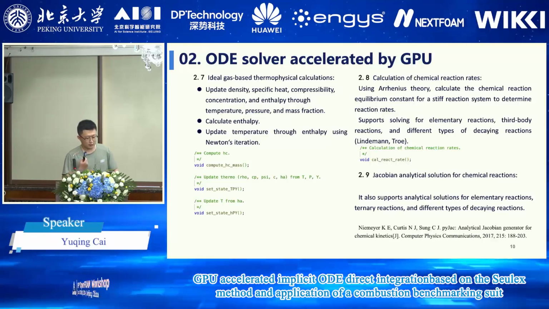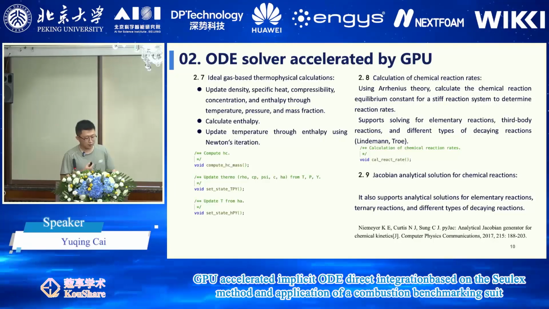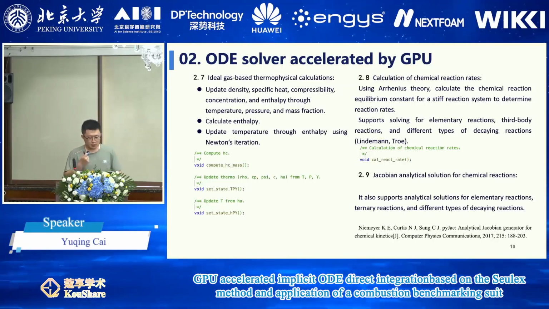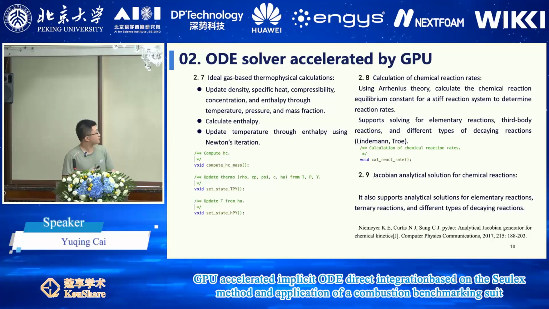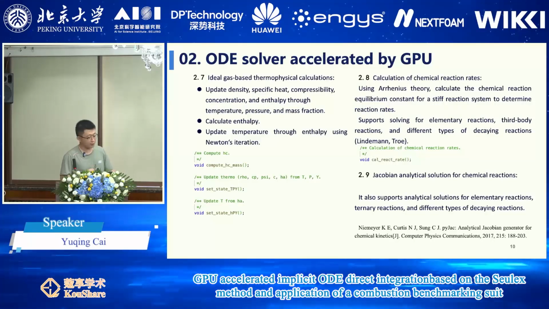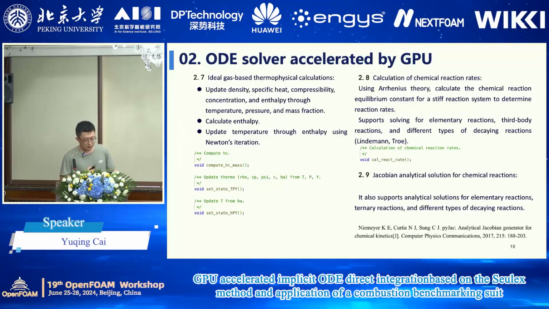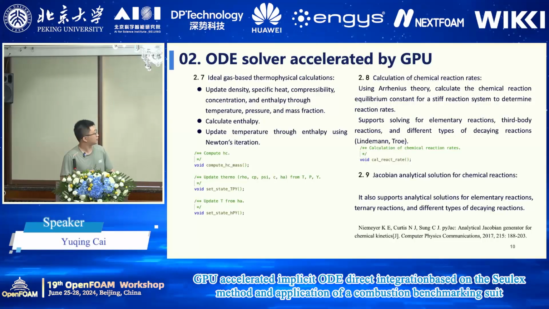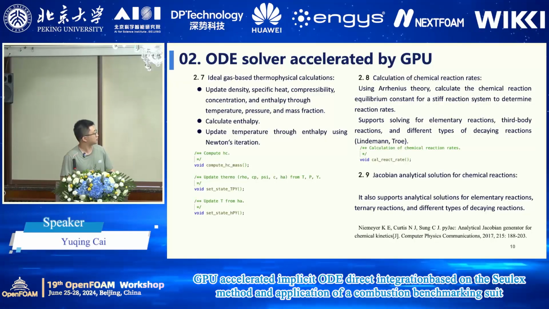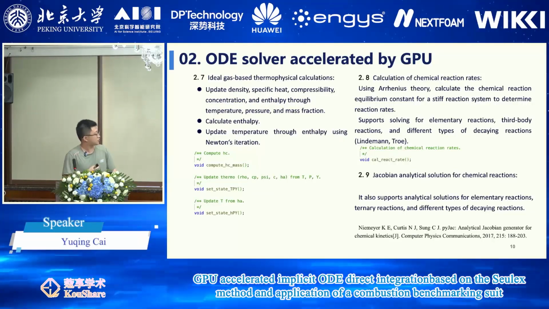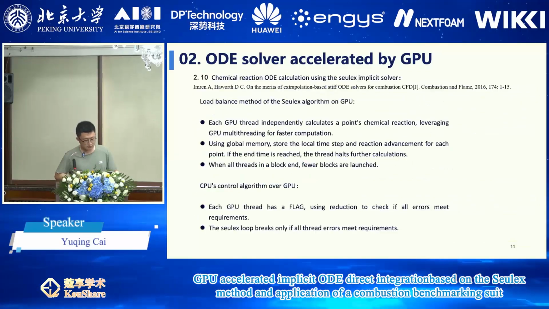In the chemical reaction system, we calculate the chemical reaction rate and the analytical Jacobian solution. OpenCC supports solving the elementary reaction, third body reaction, and different types of falloff reaction, such as the Lindemann, Troe, which almost covers the reaction types.